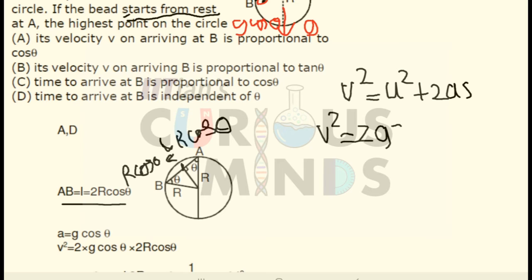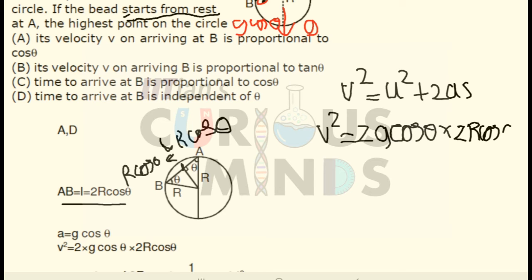Now we have to calculate the velocity and how the velocity and the time are proportional to each other. Velocity: v squared is equal to u squared plus 2as. Since it is starting from rest, we take u squared as 0.